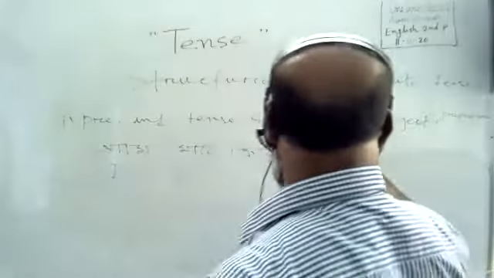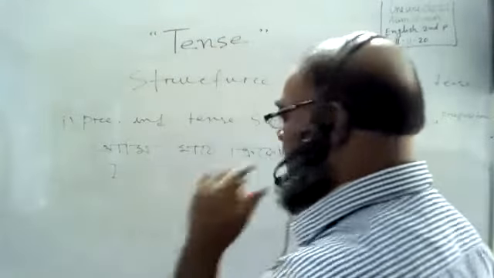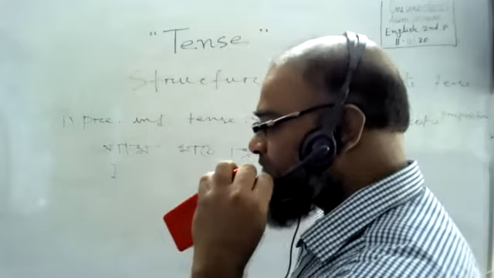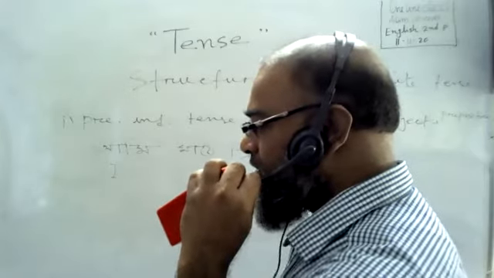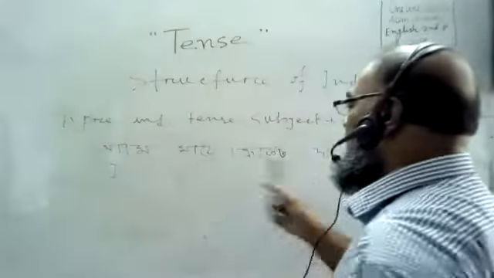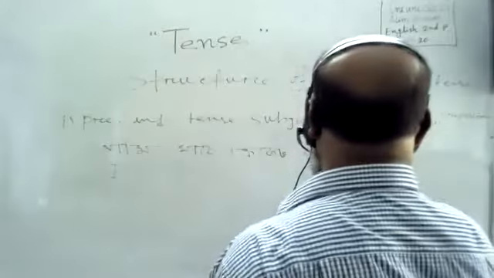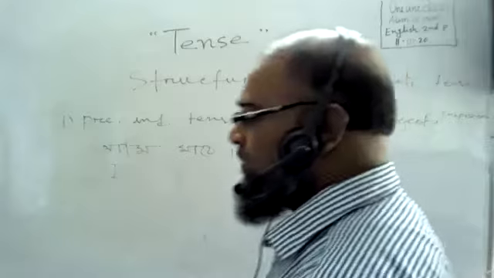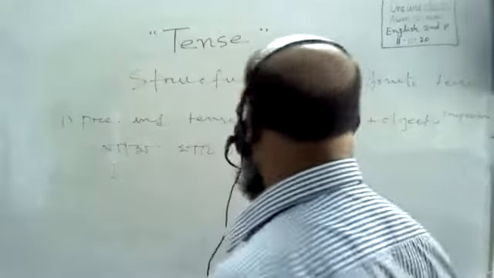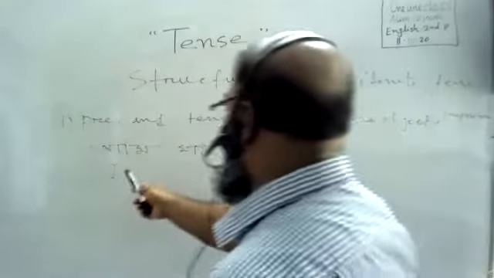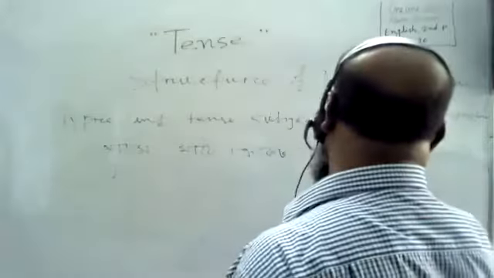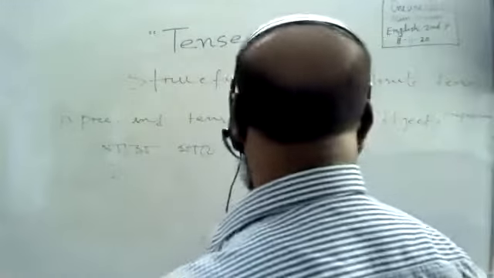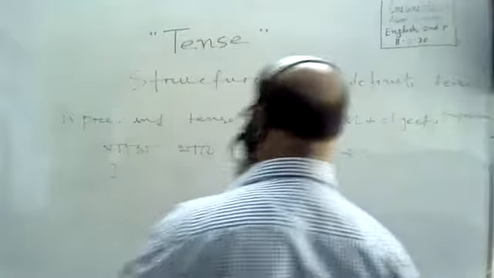You should use V1 after the subject, and V1, I already told you, means the present form of the verb. So after I, we use khela, kheli, and the meaning in English is play.